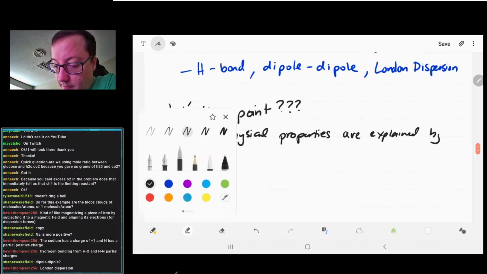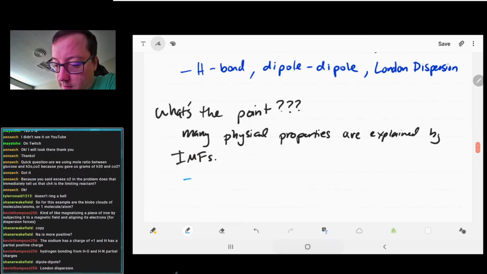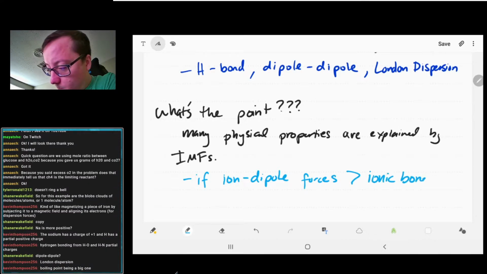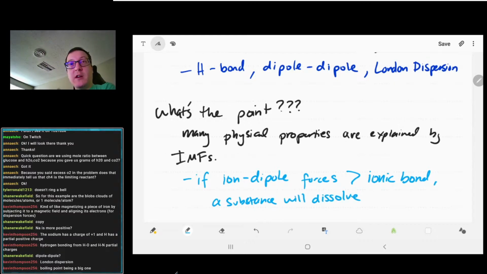A couple that we've already talked about are interesting here. Boiling point is absolutely a big one as well.